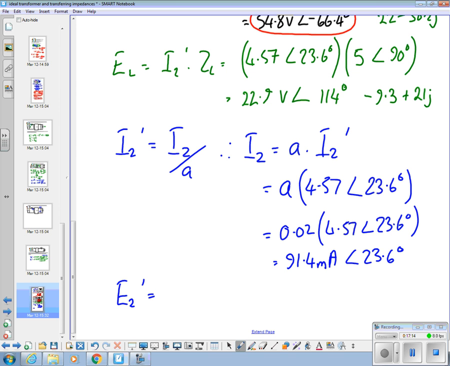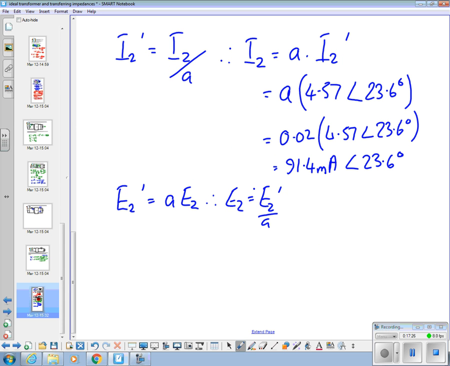E2 dash is equal to A times E2, therefore E2 is E2 dash divided by A. Oh, hang on, so we want ER really, don't we? ER over A. ER was 73.1 angle 23.6 degrees over 0.02.